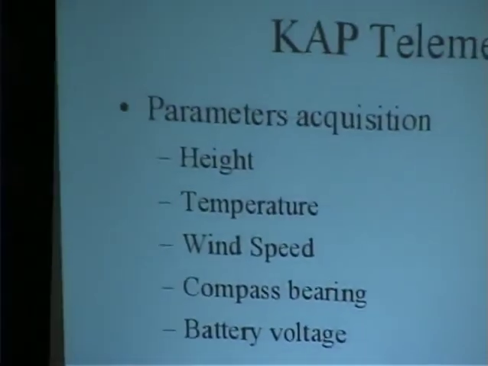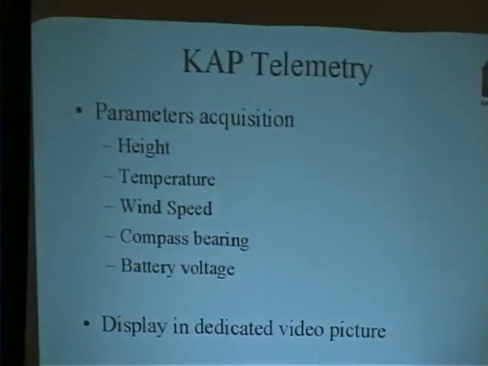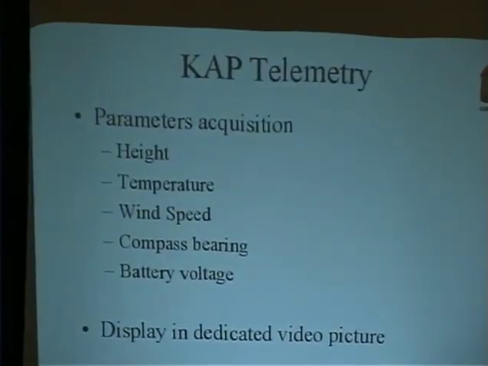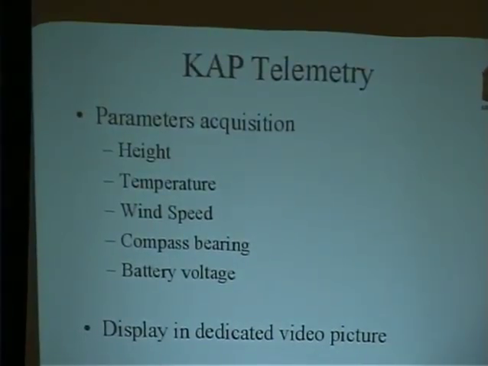So what can we do in telemetry for KAP? The main parameters are: the first one, altitude, then temperature, and wind speed can be useful too, and the last indicator is compass bearing.